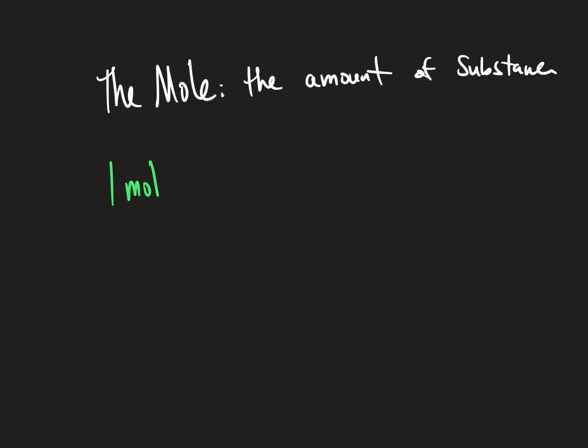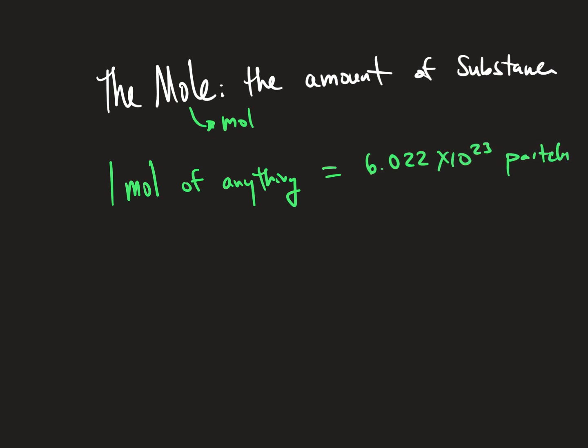1 mole, and by the way, we abbreviate mole to be MOL. Much better. But don't abbreviate molecule as mole, please. Okay? So 1 mole of anything is equal to 6.022 times 10 to the 23 particles of that thing.